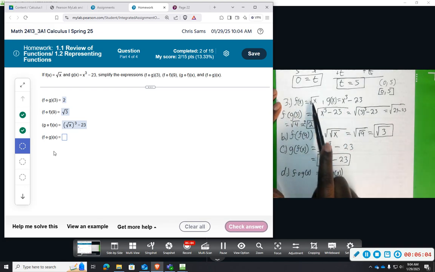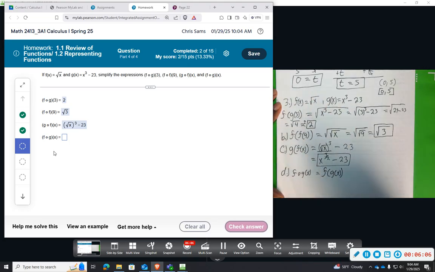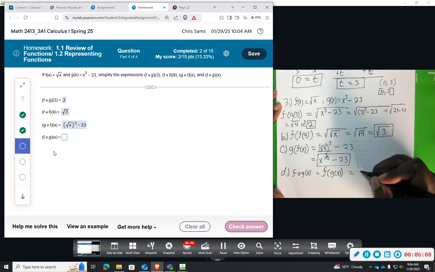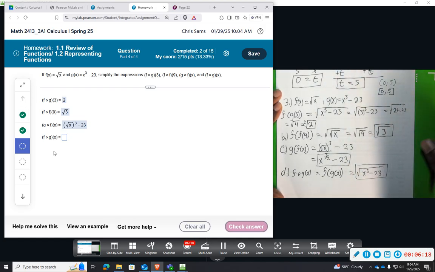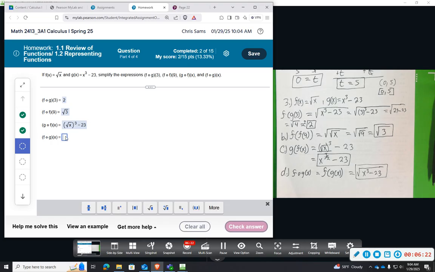We're starting with f, square root of x, and we're plugging in g. So that's pretty much what we did on the first step of part 1: x cubed minus 23, just without plugging in the number. So that will just give us what we need. So we have the square root of x cubed minus 23.